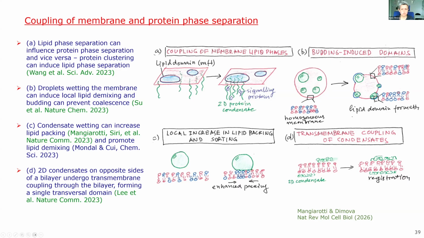You can also have a local increase in lipid packing, as I showed in the previous slides, and also transmembrane coupling of condensate. You have a condensate on one side of the membrane, maybe a two-dimensional condensate, and the membrane practically induces registration of these two condensates so that they localize in the same position transversely across the membrane.